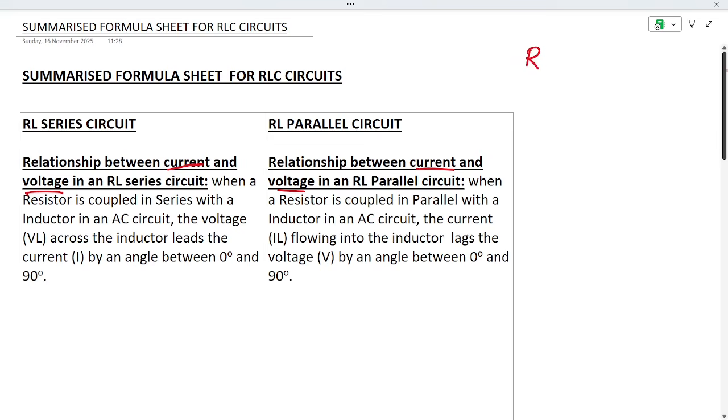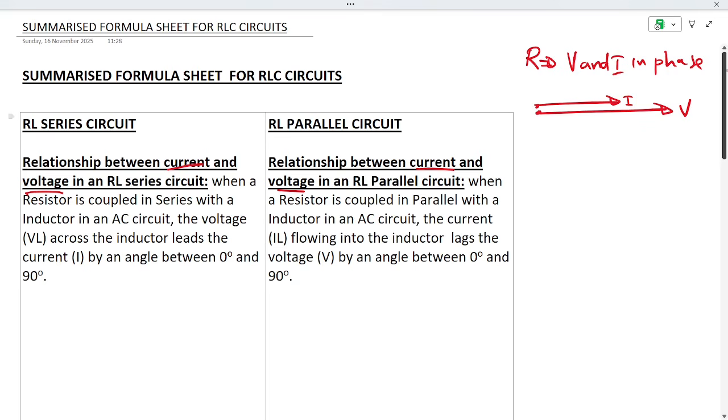What did we say about it? In a purely resistive circuit, the voltage and current are in phase. In phase means that when you draw the phasor diagram, the current is pointing in the same direction as the voltage.